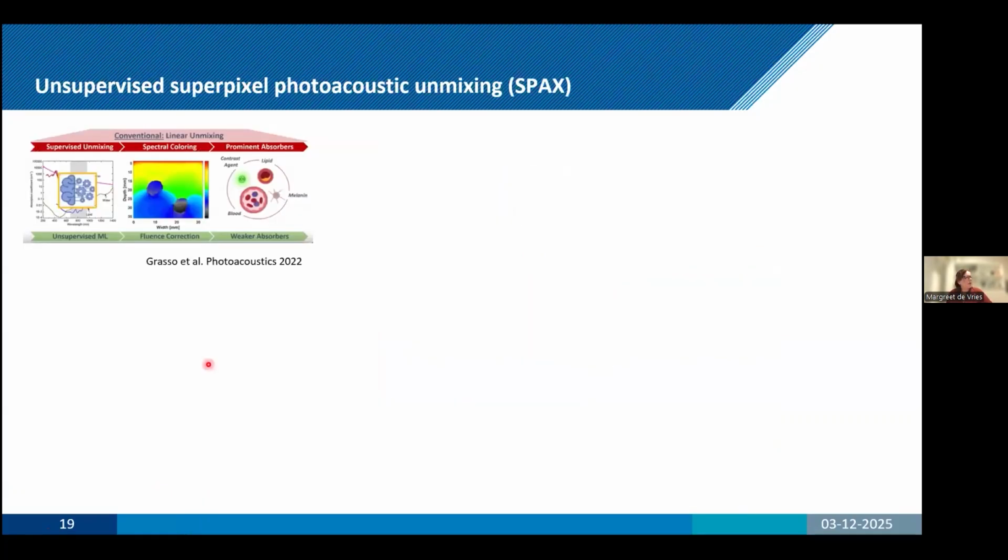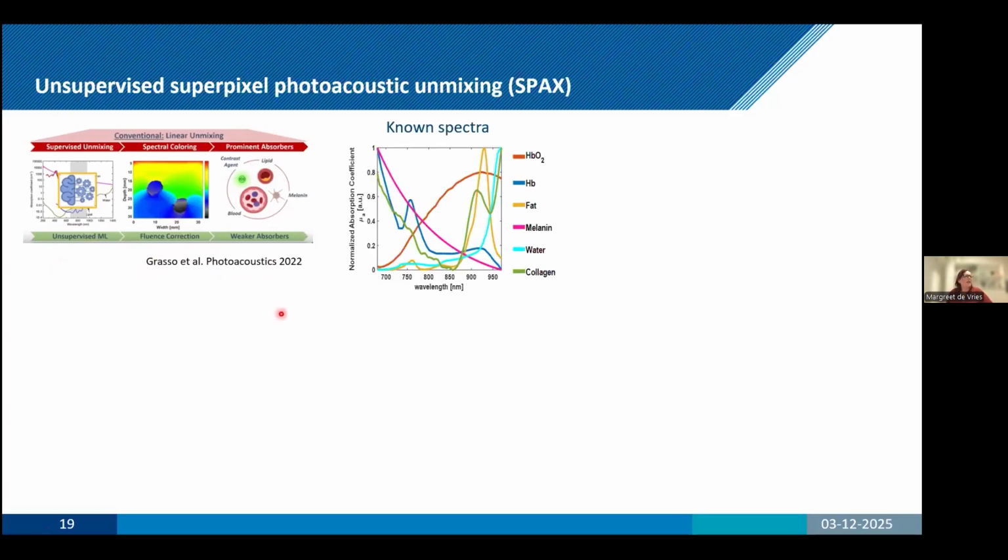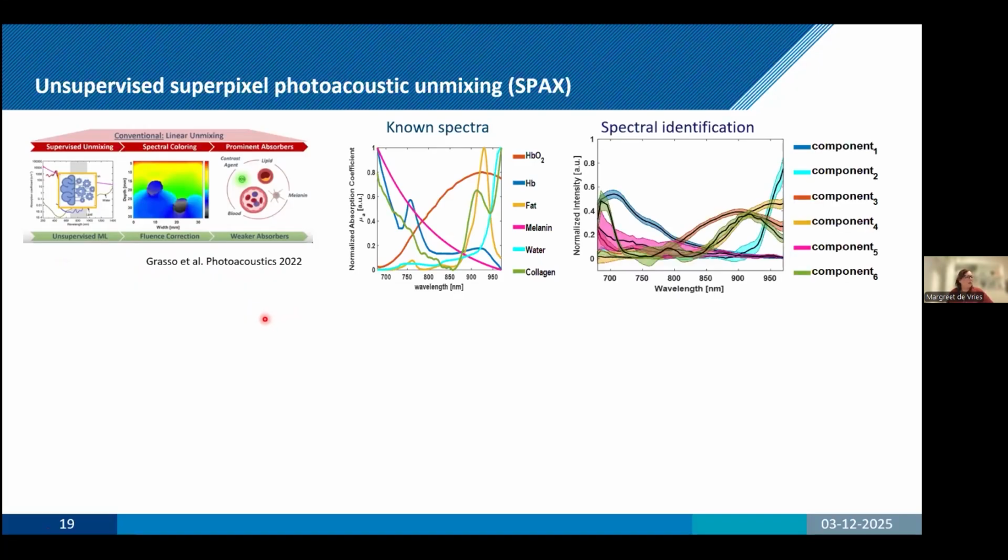So for this, we used the unsupervised superpixel photoacoustic unmixing, the SPEC system that was developed by Valeria Grasso at Visual Sonics. And besides unsupervised unmixing, you get fluence correction and enhancement of weaker absorbers. And then with this, you can compare known spectra with the unknown spectral profiles you get from your photoacoustic imaging.